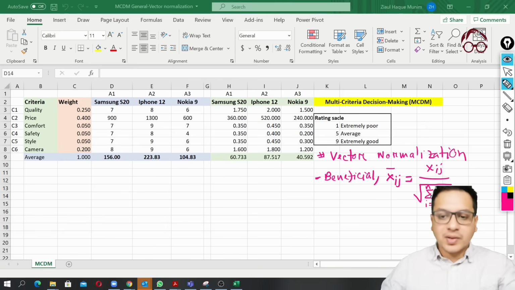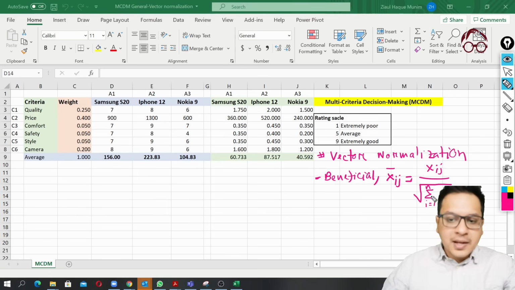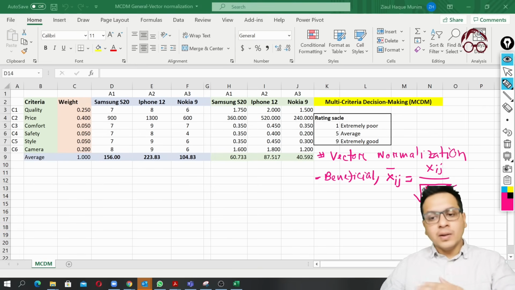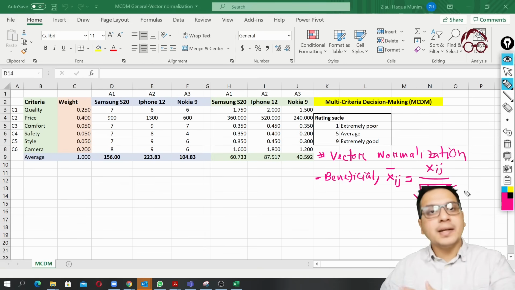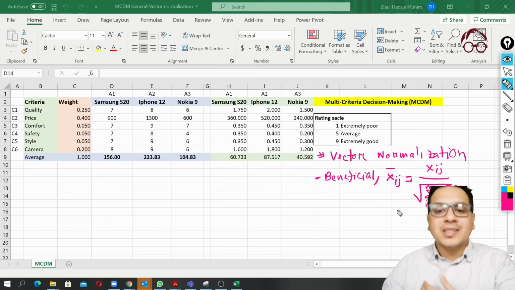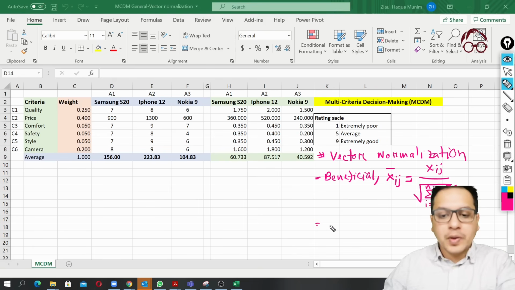Here we see 3 alternatives, so we could have written 3, but it's fine to use n. That is the square root of the summation of xij squared. So we take the ratings of all the alternatives for a particular criterion, square them and take the summation. That's the approach we are going to follow.